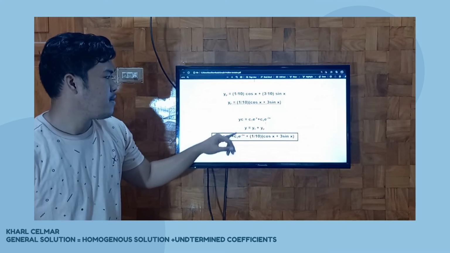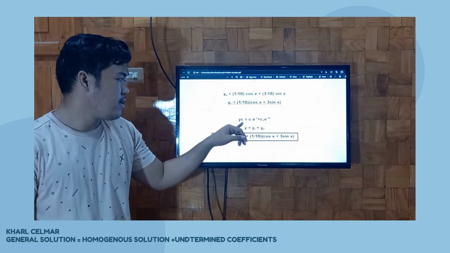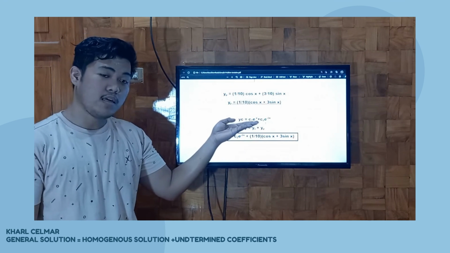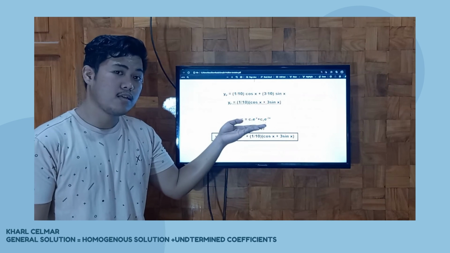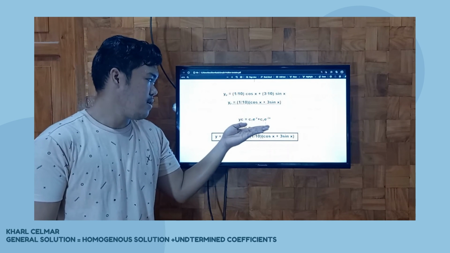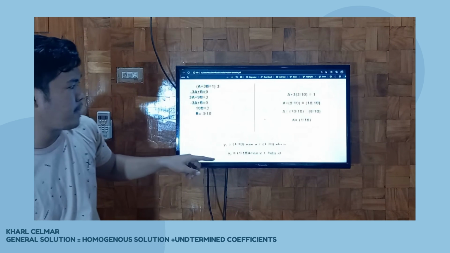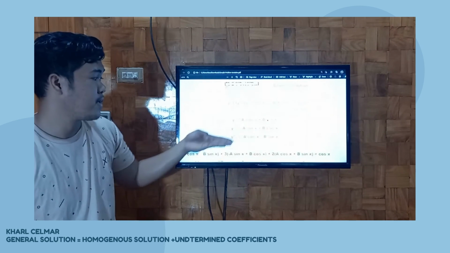Then y sub c is equal to c sub 1 times e raised to negative x plus c2 times e raised to negative 2x. This is our general solution from above. So that is our general solution.